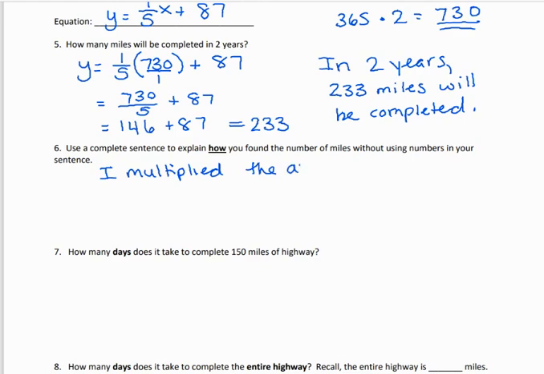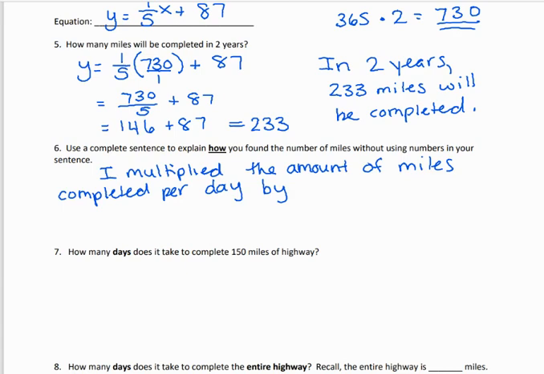So for number 6, we're going to say I multiplied the amount of miles completed per day. Another way to say that is like the rate, right? But I multiplied the amount of miles completed per day. That's the 1/5. By, what do we then multiply by? The number of days.